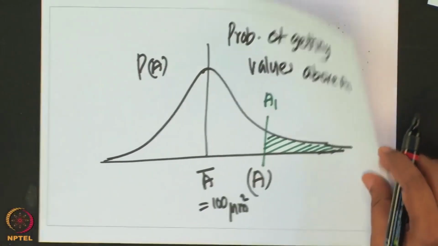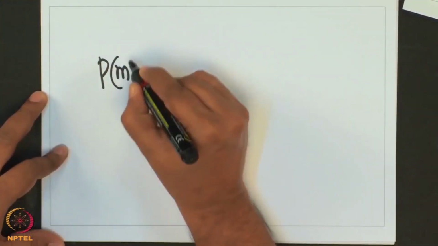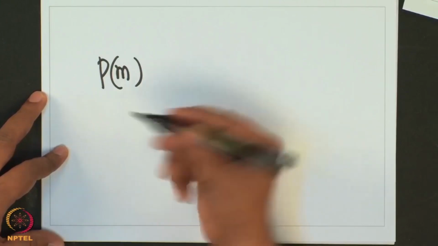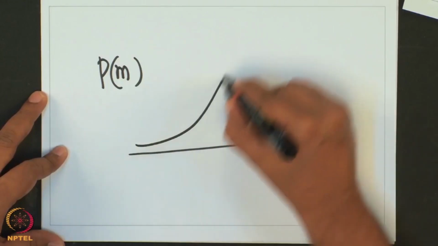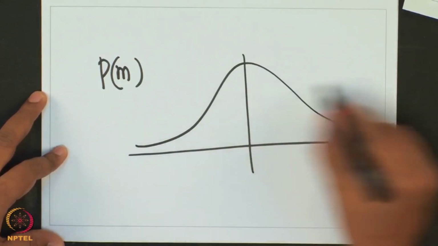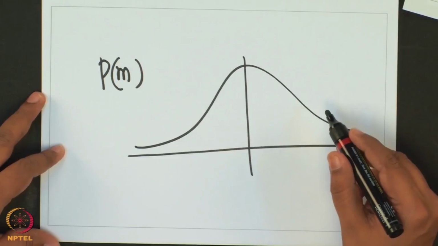Now this could be x here, or area; instead of area you could have any other variable of your interest. It could be height, it could be size, it could be gene expression. If you are measuring the amount of mRNA, p of m, or some protein level, all of this could have a normal distribution which could have a mean and a curve around it.